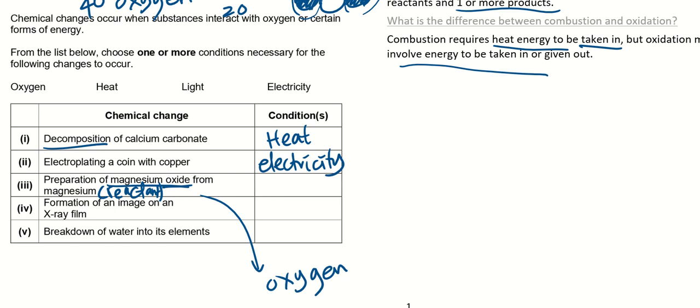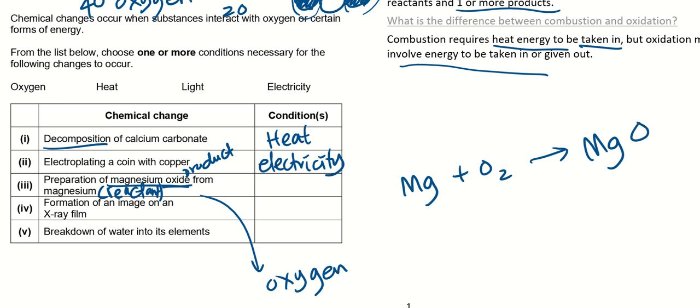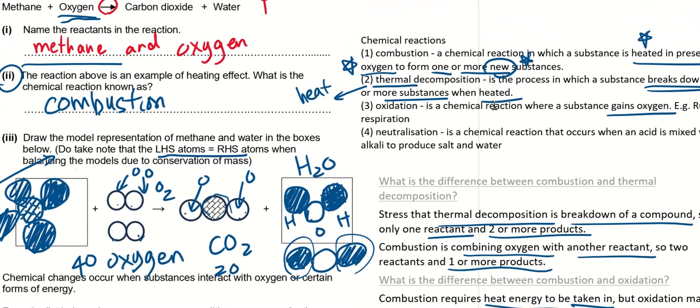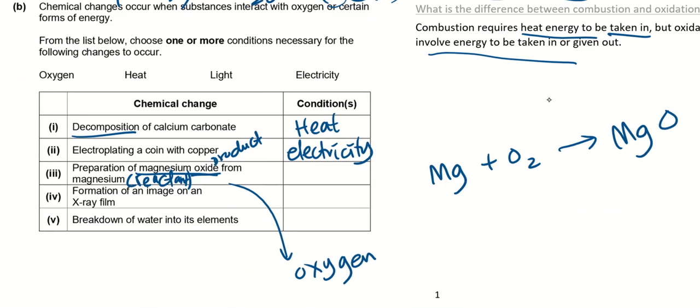So my magnesium oxide will be the product. Okay, that means it's magnesium. I need to have oxygen. Then it will form magnesium oxide. Okay, so this must then be combustion. So combustion, you need heat, you need oxygen.